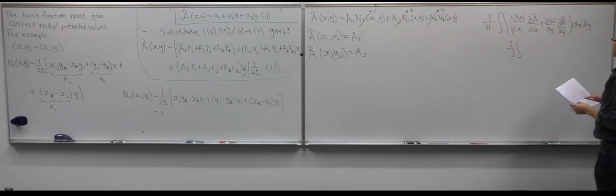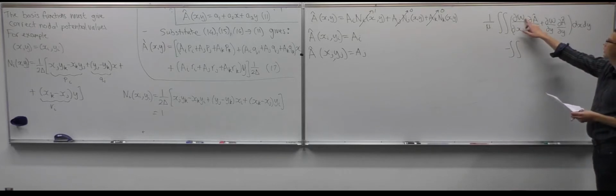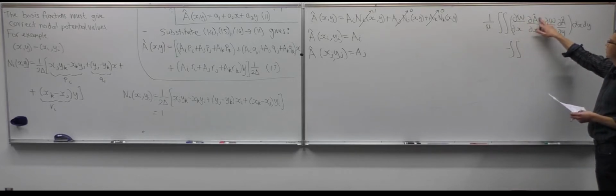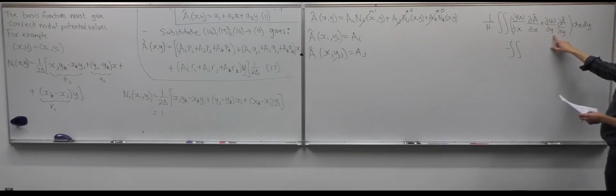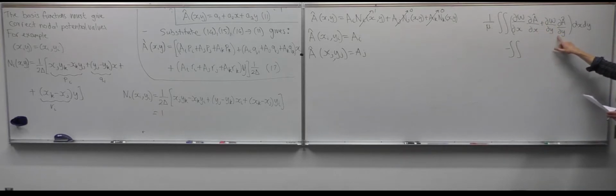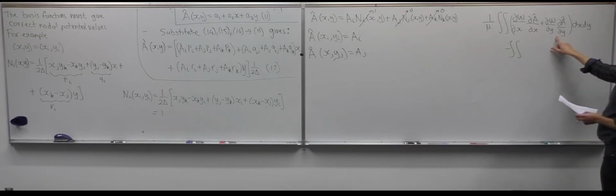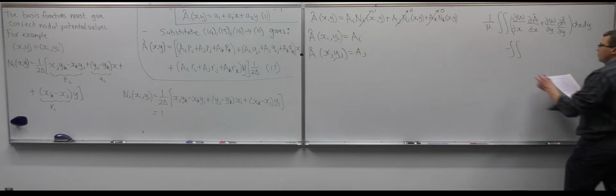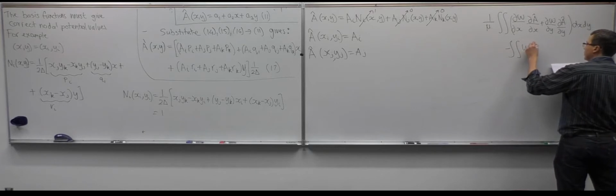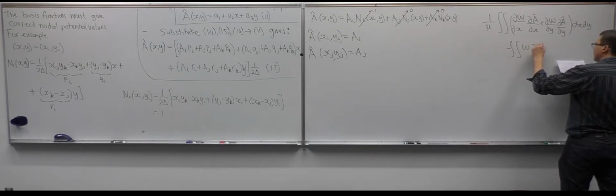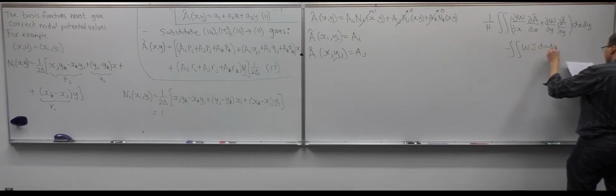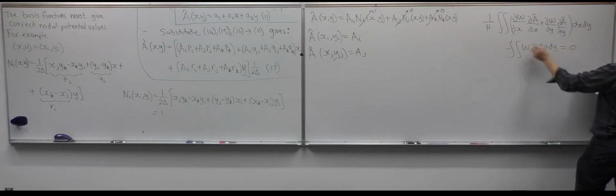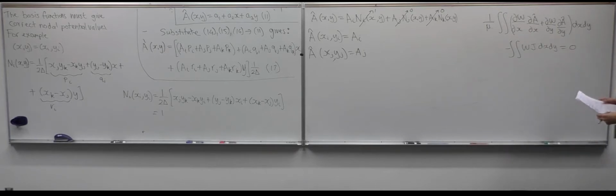It has this surface integral where we have the derivative of the weighting function with respect to x, the derivative of the trial function with respect to x, the derivative of the weighting function with respect to y, and the derivative of the trial function with respect to y. And that's all integrated over the surface area of the problem. Okay? And then the second term was the weighting function times the current density. And so this whole integration, both of these integration terms, we want to become equal to 0 to minimize.